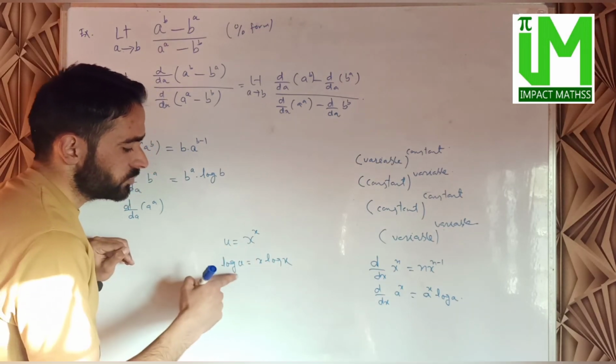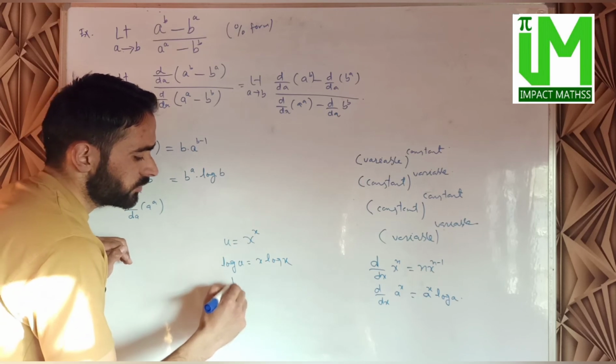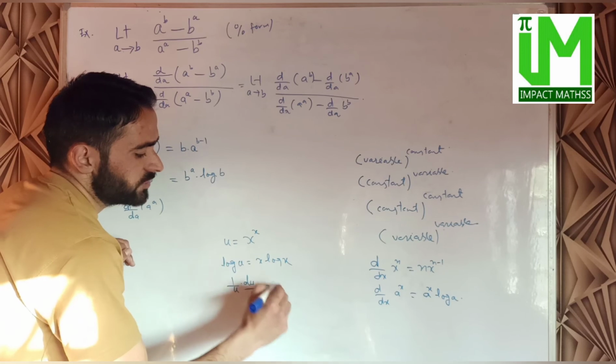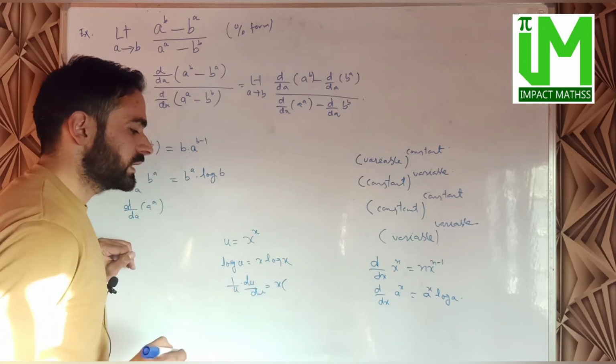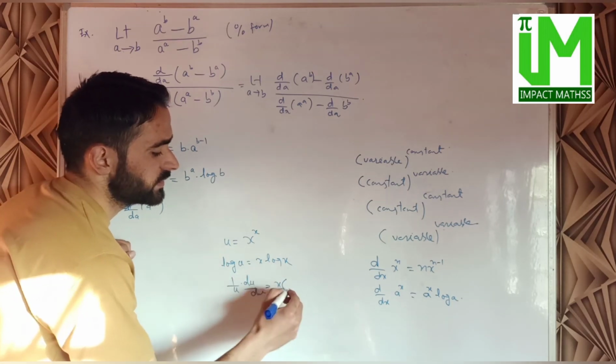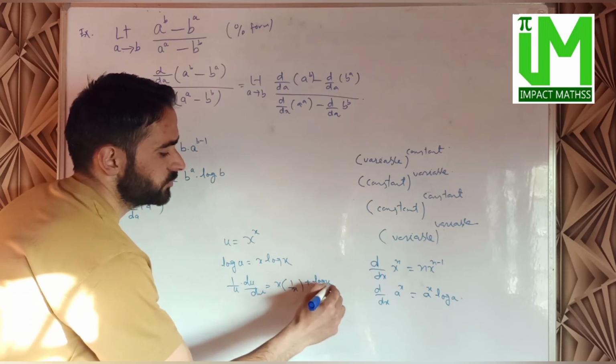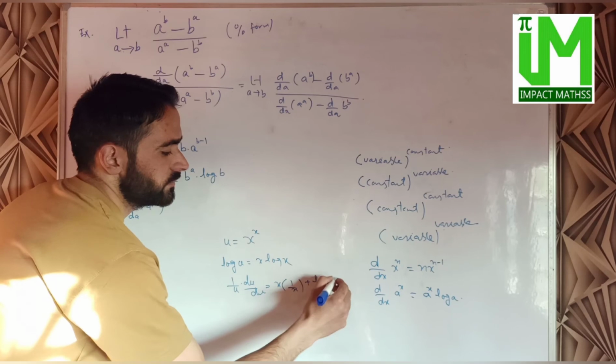Differentiating both sides with respect to x, log u gives 1 by u into du by dx. We solve x log x by the product rule, so it will be x into the derivative of log x, which is 1 by x, plus log x into the derivative of x, which will be 1.